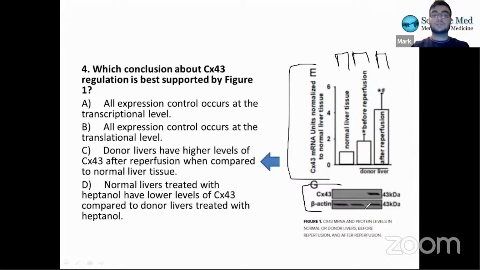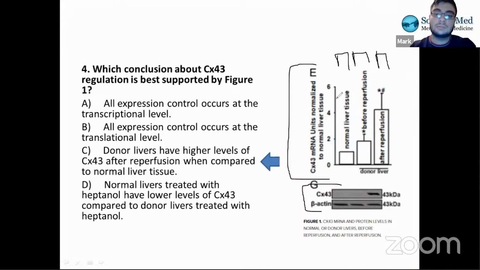If it was all transcriptional control, then this bar graph would be the way it is, but this would actually not be this way. You wouldn't see this effect, right? Because if it was transcriptionally controlled, you would have RNA, but then you wouldn't have the RNA to make the protein, right? Okay, that makes sense.